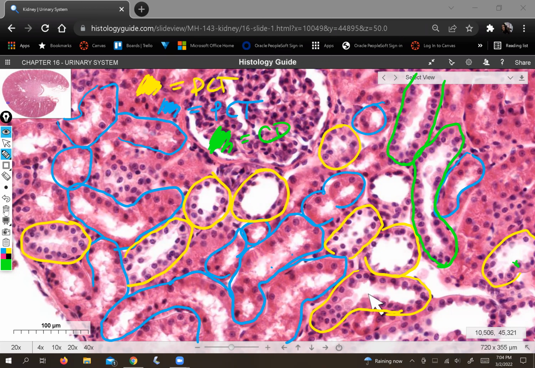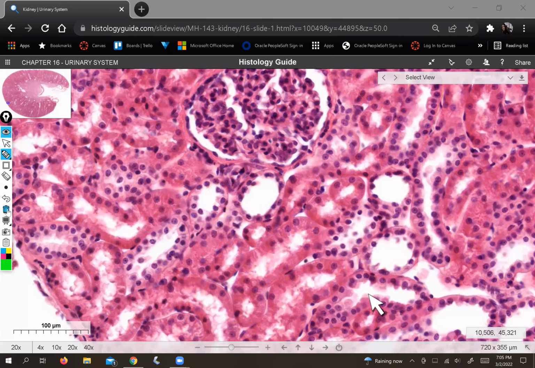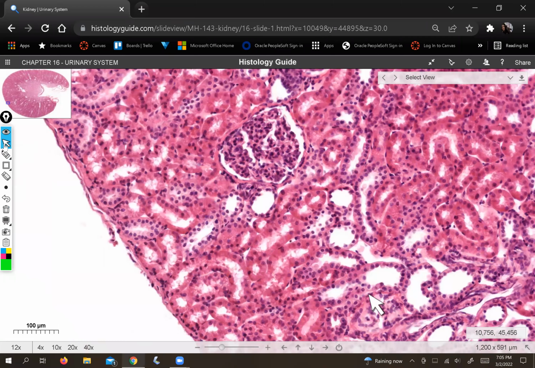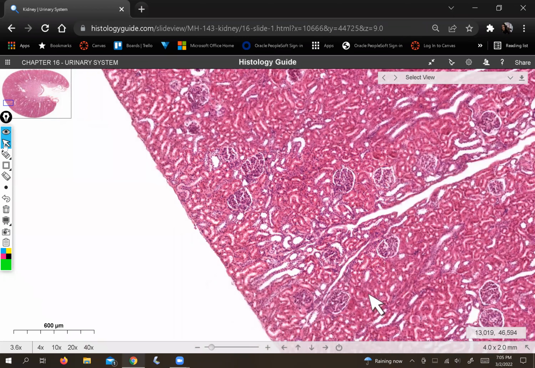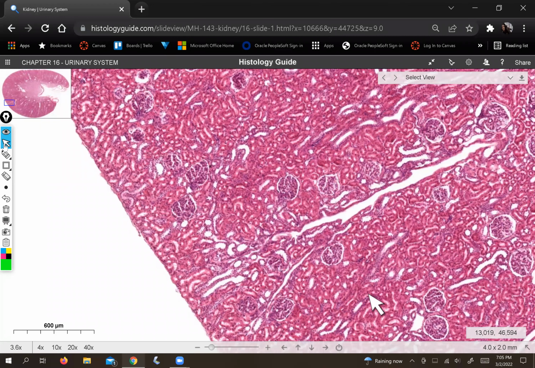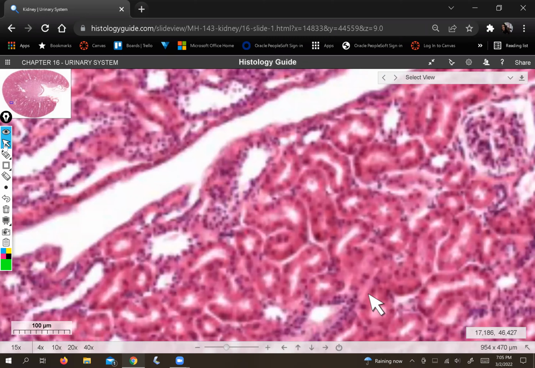So now let's go look at the renal medulla. If I zoom out, we can see that there's this ray-like structure right here. So let's zoom in and suss out what this is.